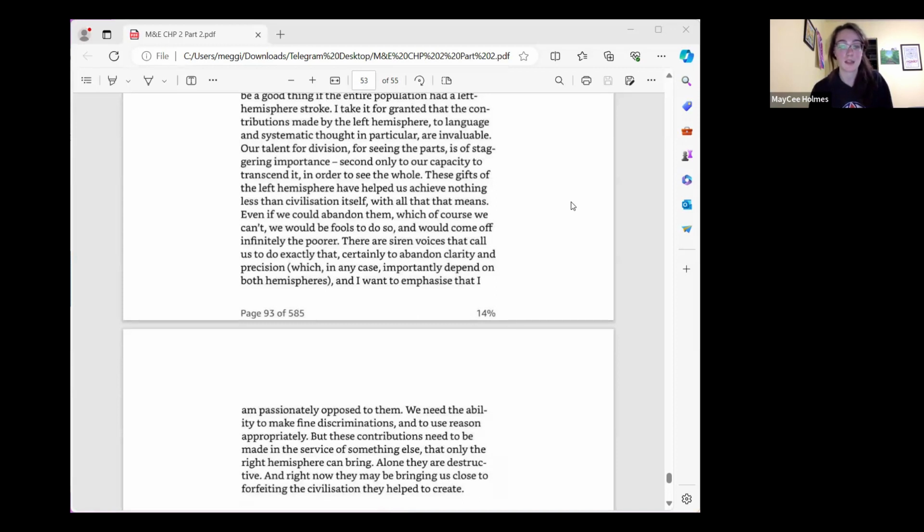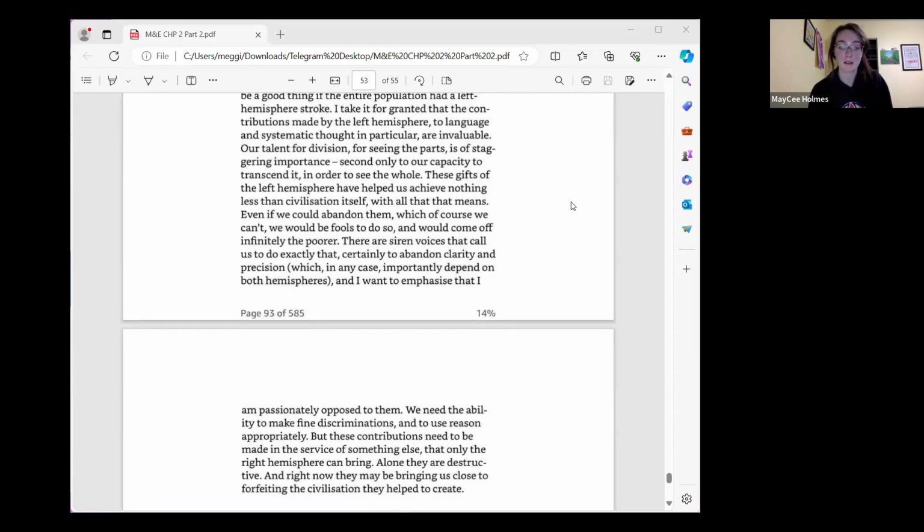Even if we could abandon them, which of course we can't, we would be fools to do so and would come off infinitely the poorer. There are siren voices that call us to do exactly that. Certainly to abandon clarity and precision, which in any case, importantly, depend on both hemispheres. And I want to emphasize that I am passionately opposed to them.